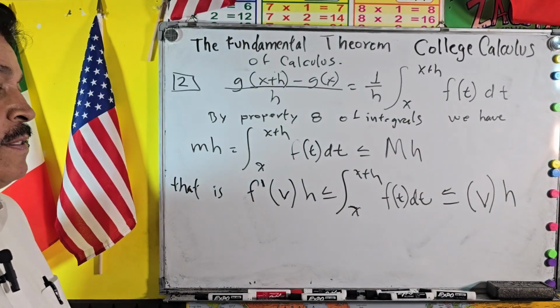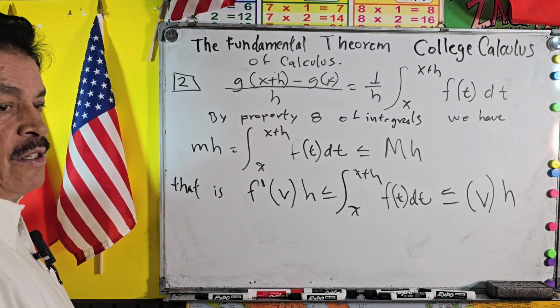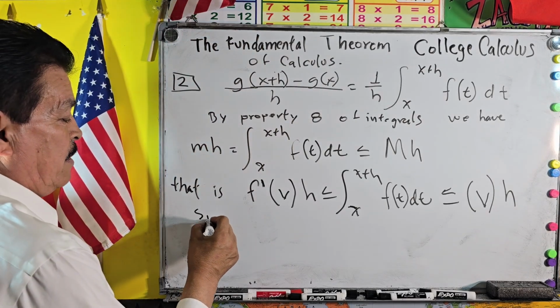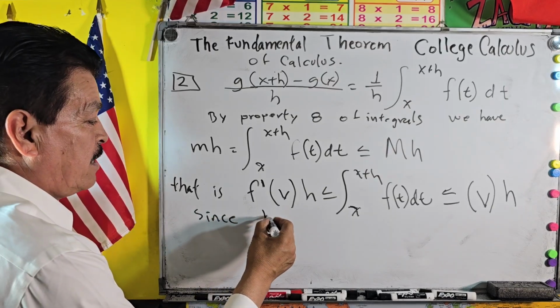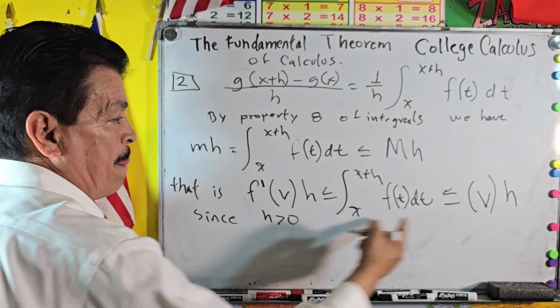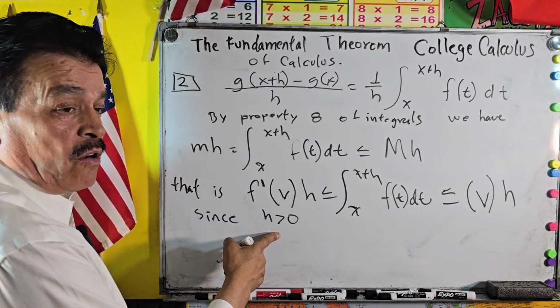So here, since h is greater than 0, h must be greater than 0.